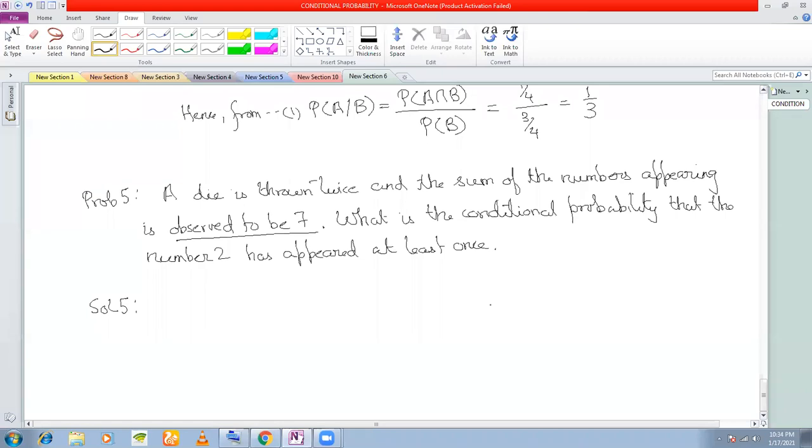Do you understand what the given event here means? Now the question is, find the conditional probability that the number 2 has appeared at least once. So this is our event B and this is our event A. And what do we have to find? We have to find P(A/B). Now check.